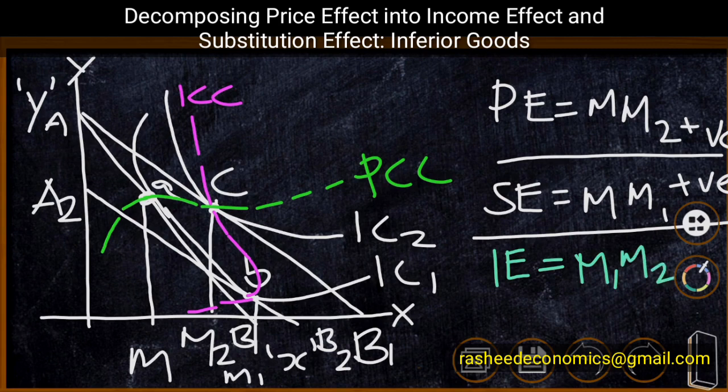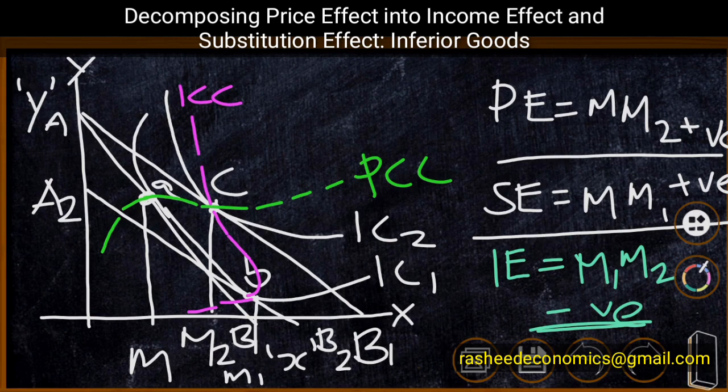That is, movement from M1 to M2 is a backward movement. Therefore, M1M2 is negative, and the negative income effect is normally applicable to the case of an inferior good. Therefore, in case of an inferior good, income consumption curve is backward bending and income effect will be negative.